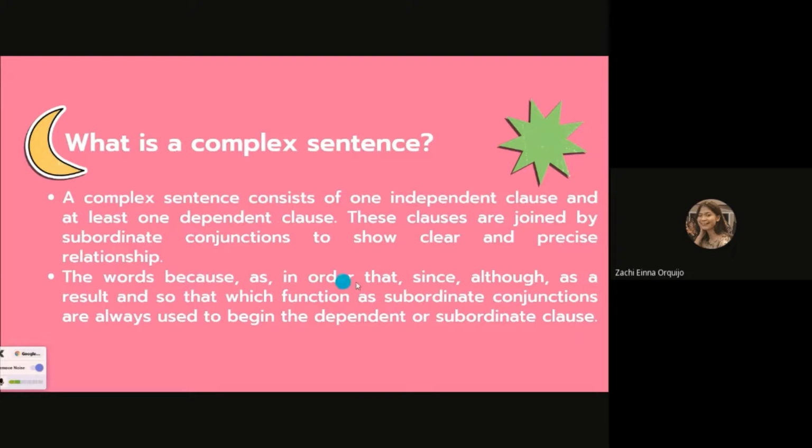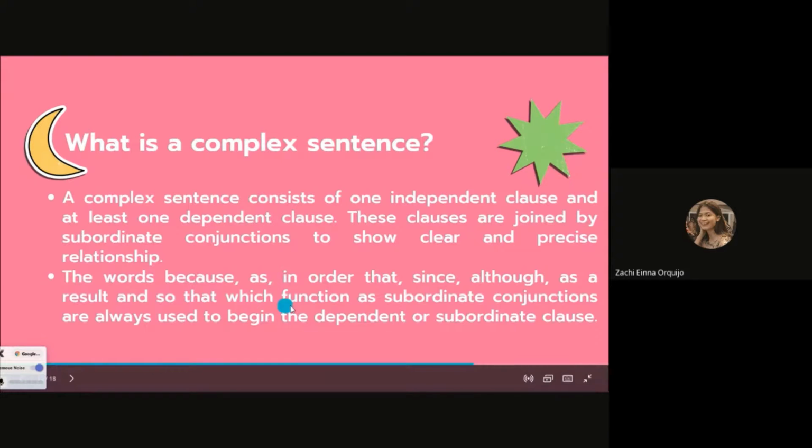So, itong mga subordinate conjunctions na ito, ito yung ginagamit natin para magkaroon ng connection si independent clause at si dependent clause para maging connected sila at magkaroon ng complex sentence. Okay?